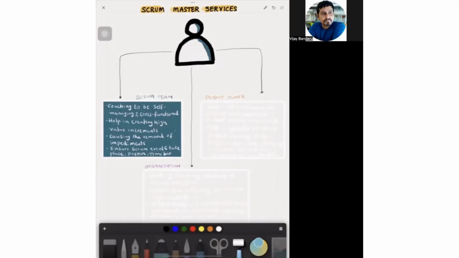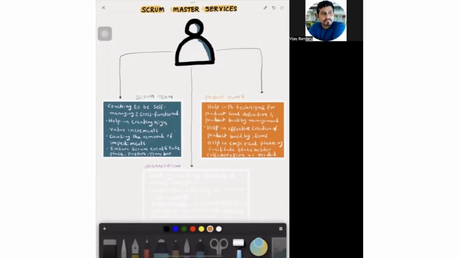And also the Scrum Master will provide services to the product owner, in terms of helping find techniques for product goal definition and product backlog management, maybe teaching prioritization techniques or how to write user stories.